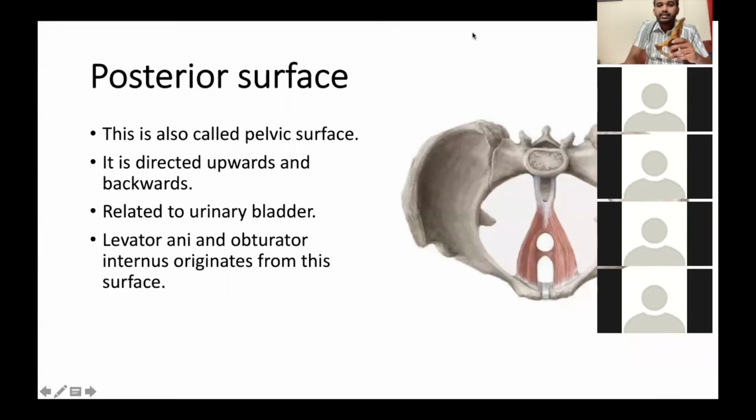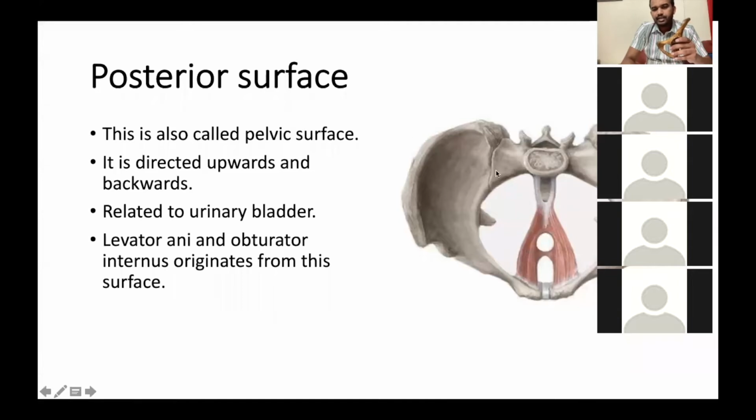Not only that, this surface of the body of the pubis is related to a visceral organ, the urinary bladder. This surface also gives origin to two muscles. One is the levator ani muscle, and number two is the obturator internus muscle.